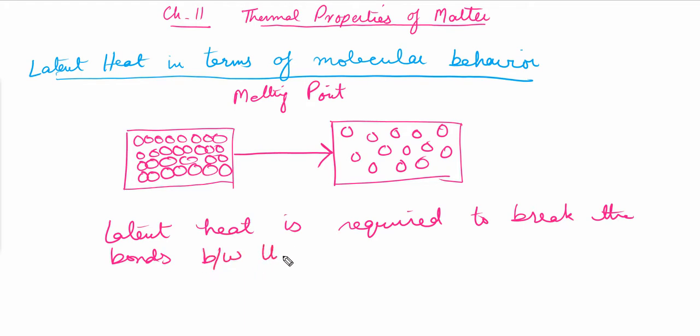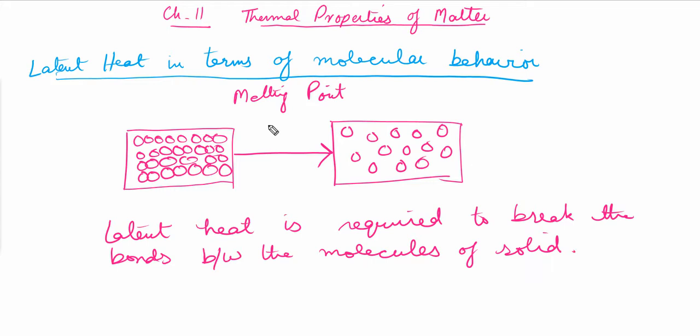So this is the application of latent heat when melting happens. The bonds are broken down, so that is why all the heat is being utilized to break the bonds, to break the intermolecular forces between the molecules, and that's why the temperature does not increase.